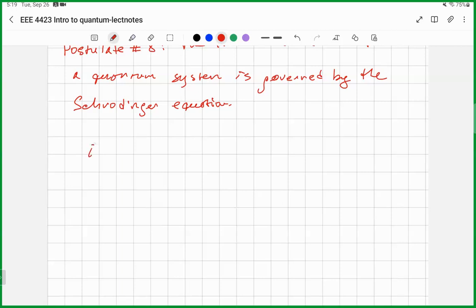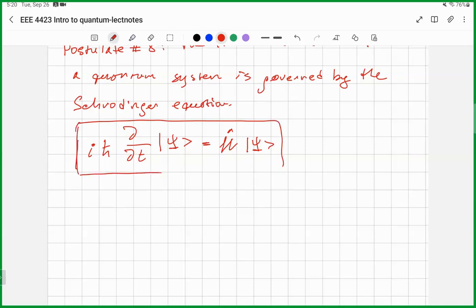So the Schrodinger equation is i, which is the imaginary unit, times h bar, because we're talking about quantum, and then d over dt, the time derivative of the state psi. This is the state that represents the state of a quantum system, and it's equal to the H operator, which is the Hamiltonian, multiplied by the state psi.